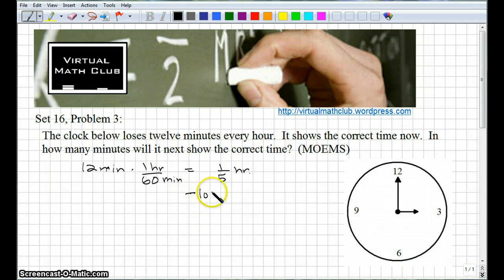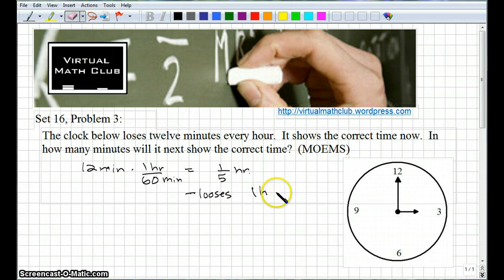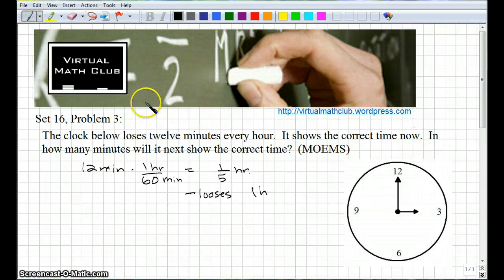It loses 1 hour every 5 hours. Okay. So we know that.